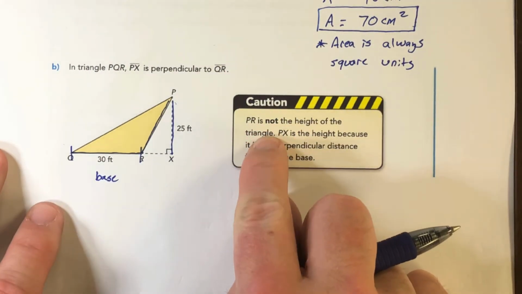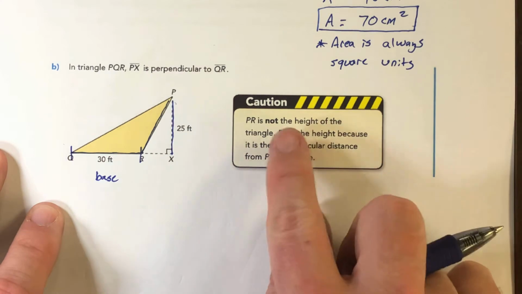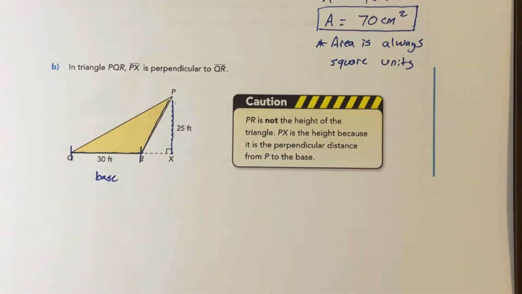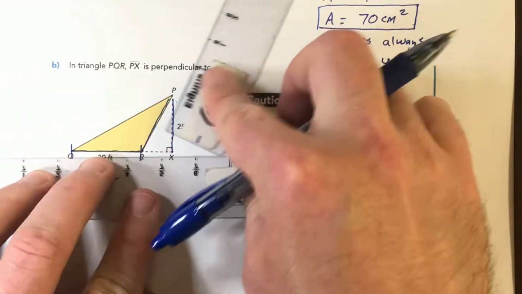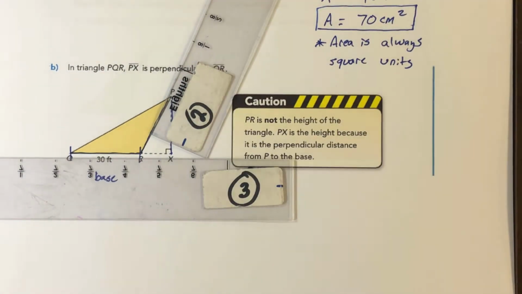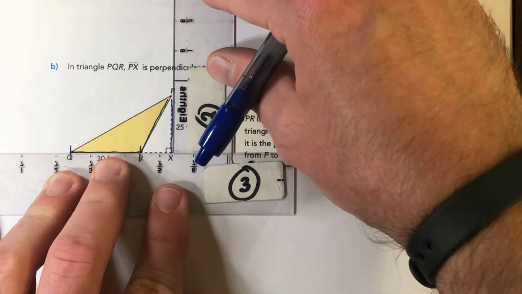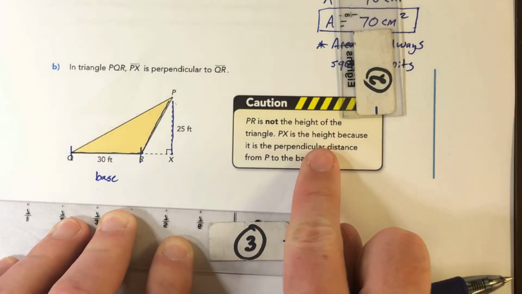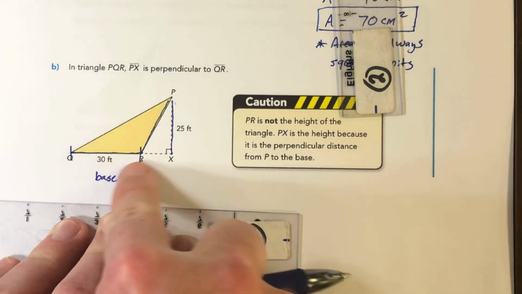Well, note, PR is not your height. Why? Because it doesn't form a right angle. I could use straight edges to prove it. See, that's not a right angle. That is a right angle. So line PX is our height because it's perpendicular to this line.